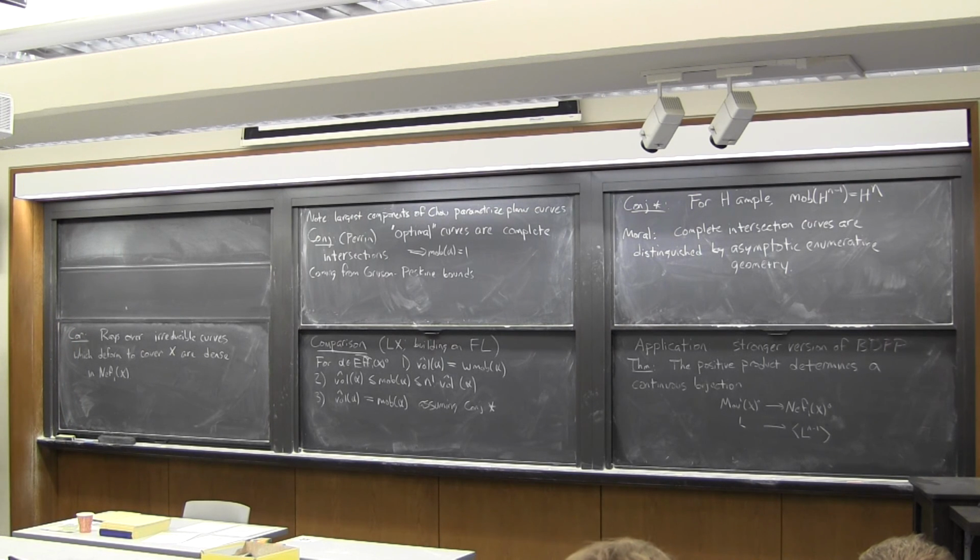Okay, a priori, it's very difficult to determine if a given numerical class contains an irreducible representative or not. It's a very subtle question. And even more, you'd like to know that the cone of moving curves is actually the cone of moving curves in some strong sense. And so this is sort of an easy corollary of that.